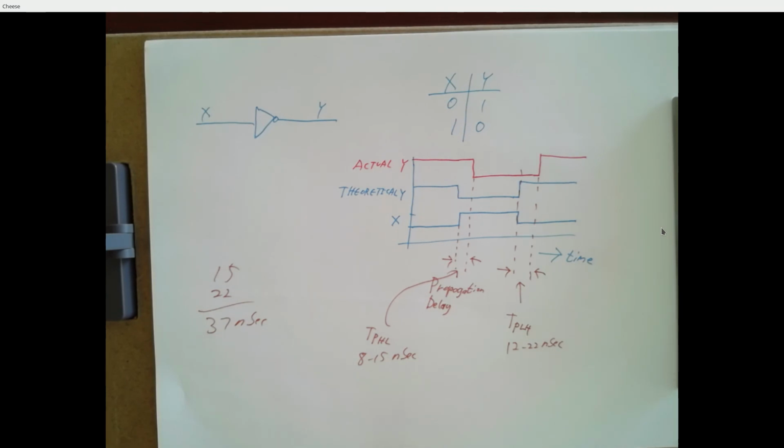So if you're using this particular chip, this 74LS04, in a computer circuit, you probably can't use a 1 gigahertz clock. It's too fast. You'd have to slow your clock down to the point where you could do one of these transitions within a clock tick.